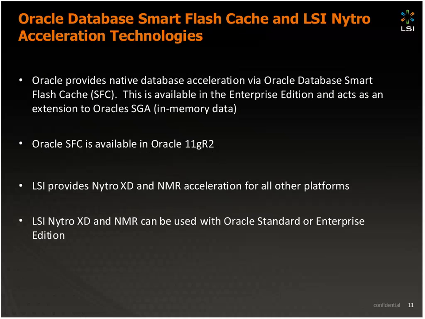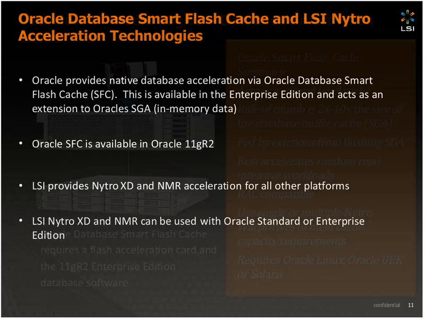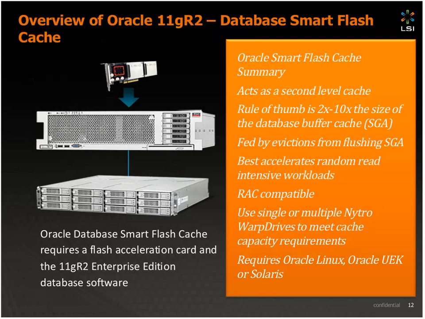Any other database releases, 8, 9, 10, Standard Edition, or Enterprise Edition, LSI products, Nitro XD or Nitro MegaRAID, we will work with any of those other platforms. So an overview of Smart Flash Cache: it acts as a second-level cache to the database buffer cache.